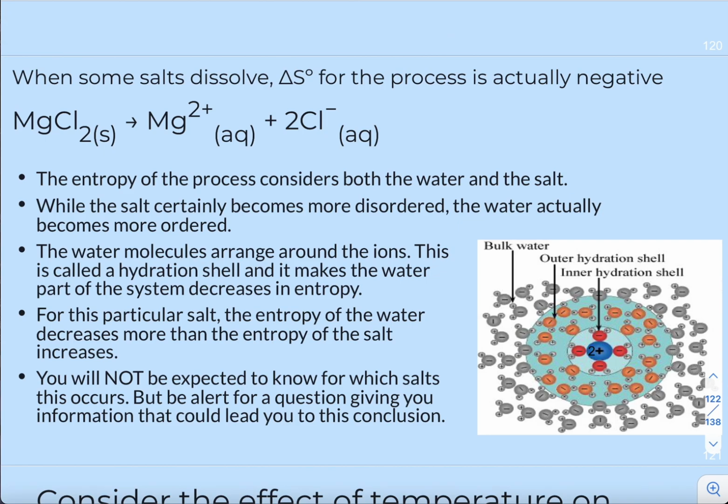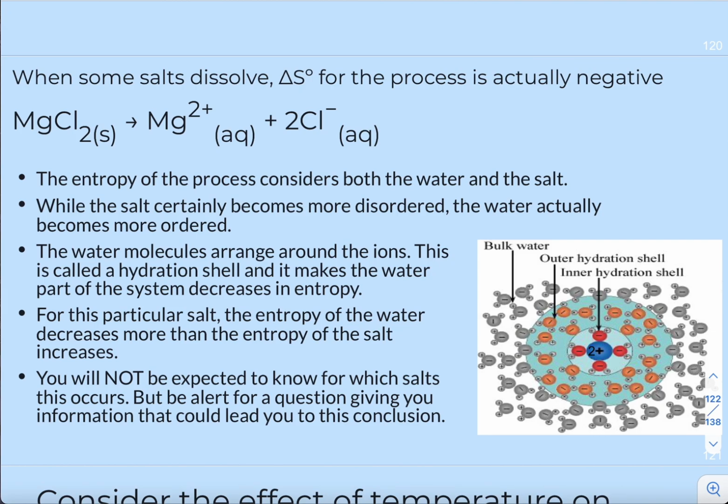So what will happen is that these negative charges will attract the positive hydrogens in the water molecule, and the positive charges will attract the negative oxygens in those water molecules. And so the water goes from just floating around wherever to being very ordered, okay? Because it starts attracting to those negative and positive ions.